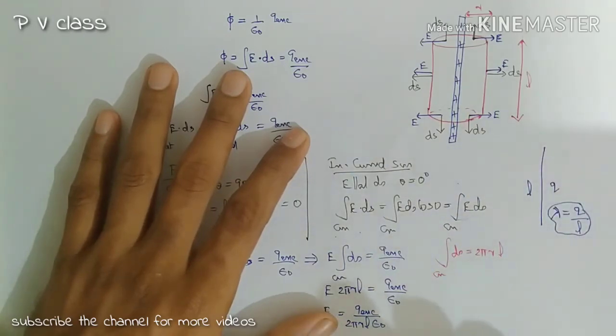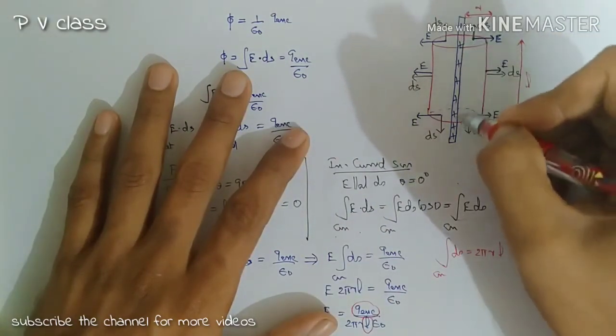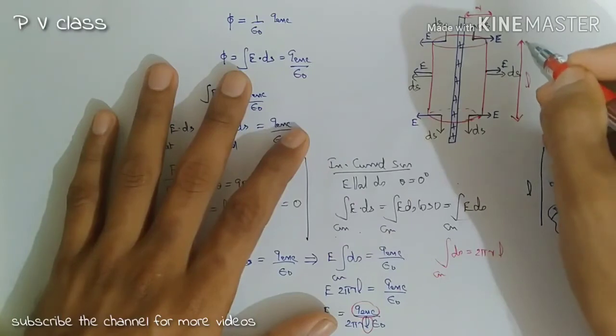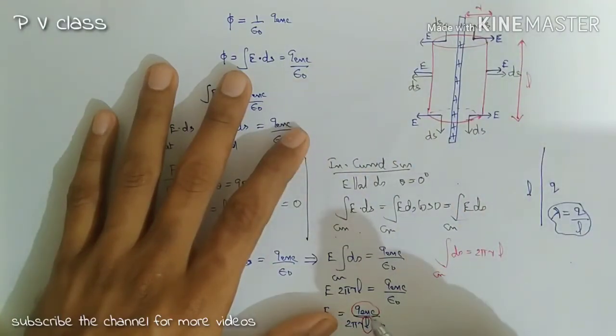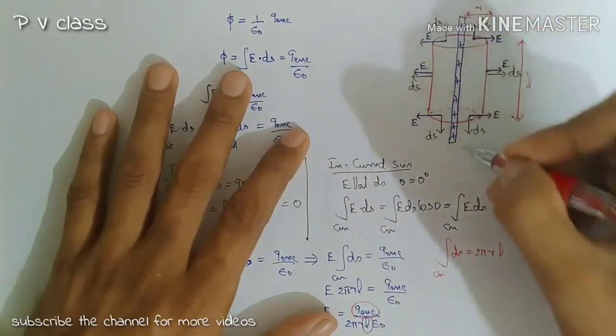Why I am saying it is because you could see the Q enclosed over here and L over here. What is Q enclosed? It is the total charge enclosed by this cylinder. What is L? Length of the cylinder. Therefore, in this case, Q enclosed divided by L will give you the linear charge density of this charge rod.